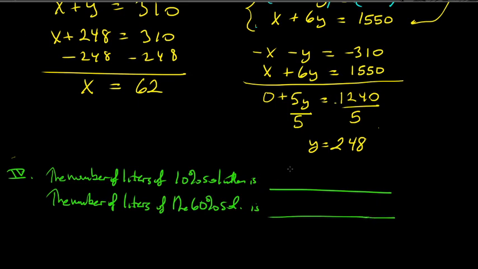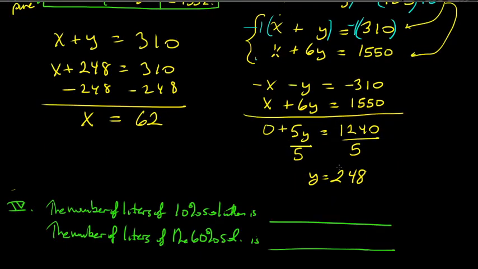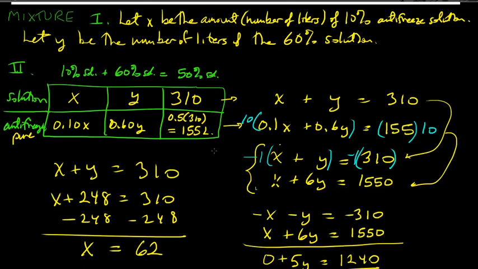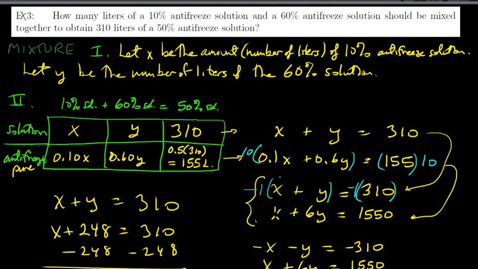For the 10%, 10% was x, so that's going to be 62 liters. You can abbreviate L for liters. And the 60% is y, so 248 liters. And that'll do it. I hope that helps. Now we'll move on to motion problems.